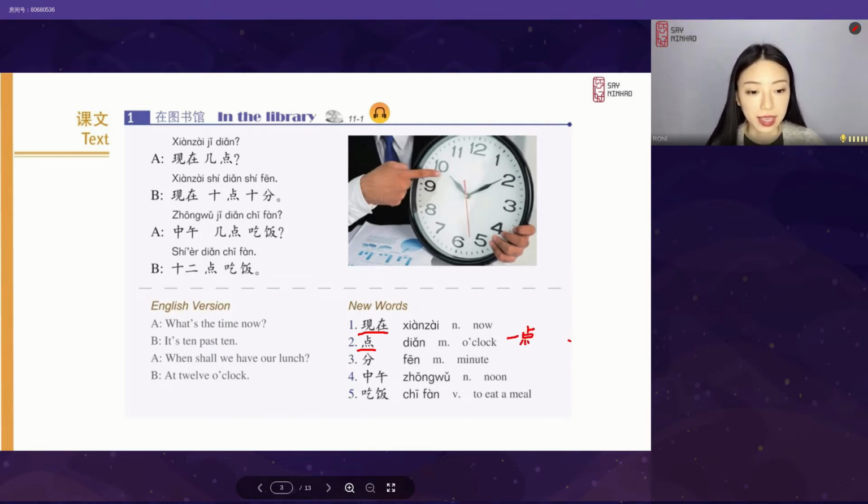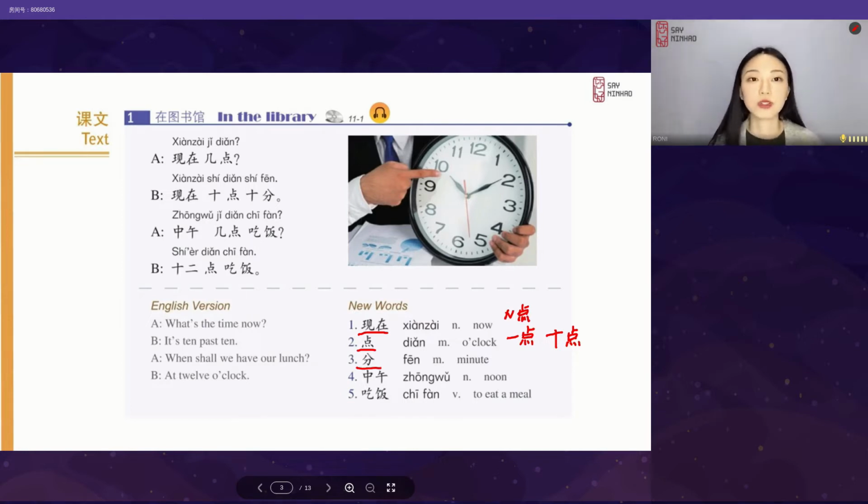Then if it is 10 o'clock, you can say 10点. So you can see, if you want to say which o'clock, just put the number before 点. Okay, this is the structure.